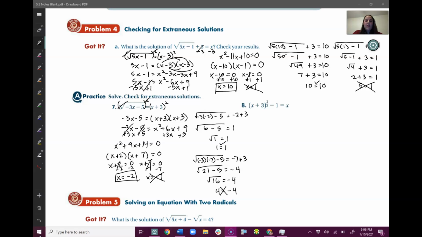I plugged -2 in right here, and then I simplified it, and it worked. Then I plugged -7 in down here, and I simplified it and ended up with 4 equals -4. 4 and -4 look close, but they're still not the same. So that is a fake answer. So x equals -2 is my only answer.